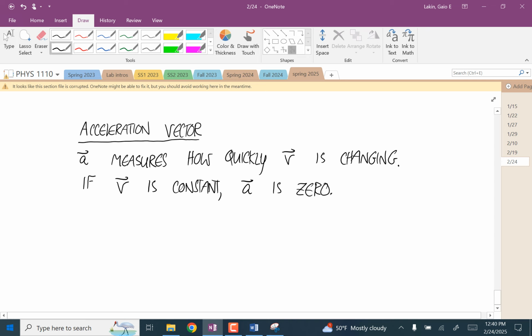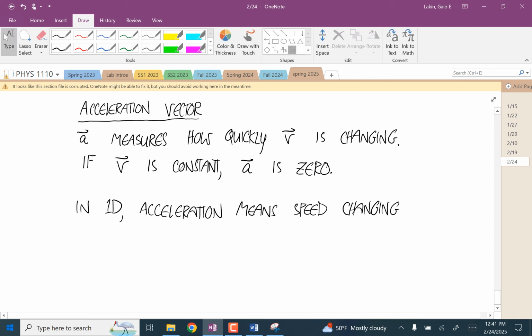Now, here's something sort of new. In a way, this is kind of the only new thing that comes up in 2D from 1D. In 1D, acceleration means that the object's speed is changing. But in 2D, it can mean two different things.